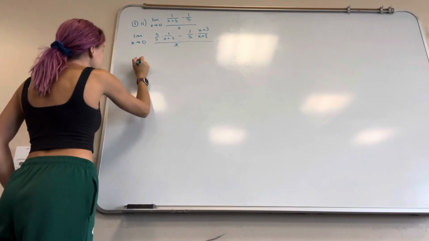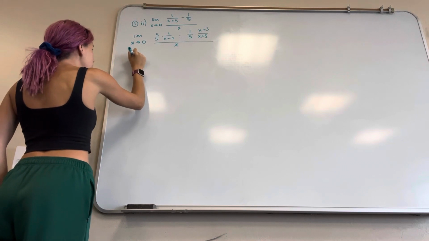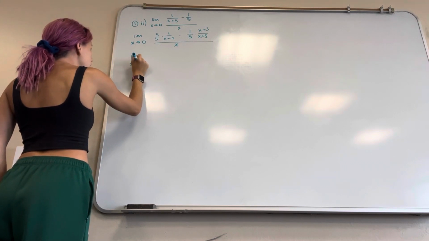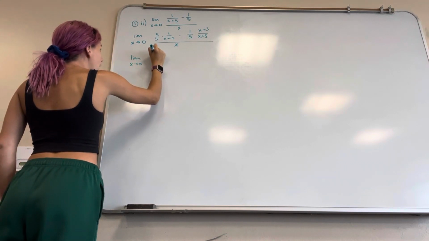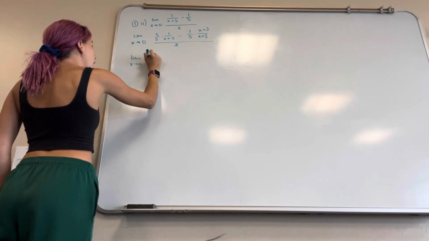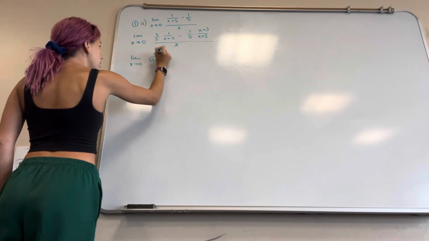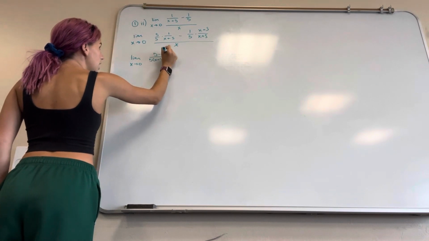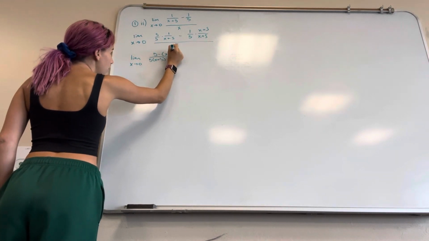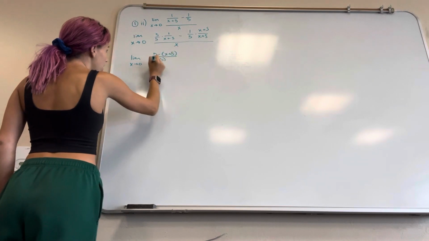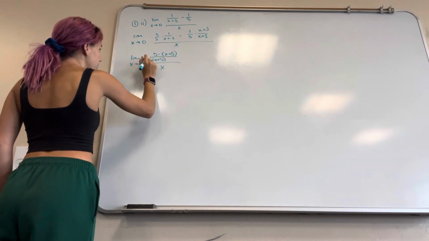And then here, what we're going to be able to do, limit of x approaching 0, 5 over 5 times x plus 5, and then minus the quantity x plus 5, and then all over x.